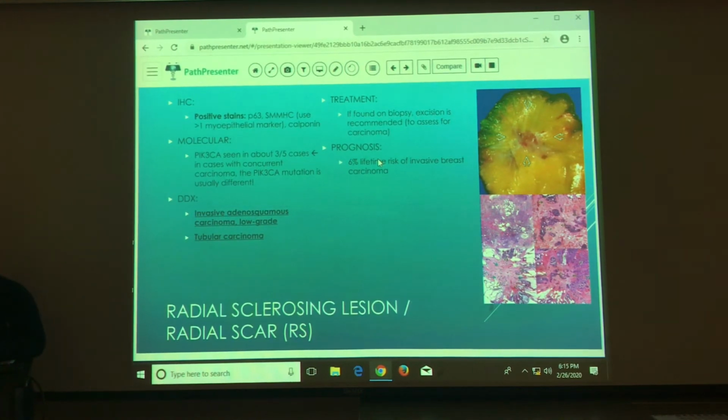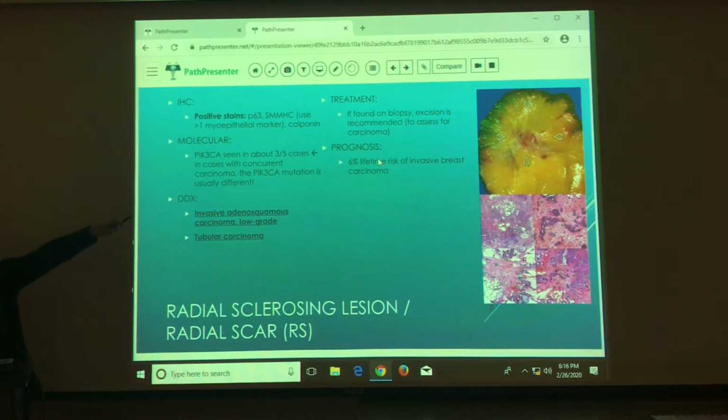Even though we see PIK3CA in, I think, about 62% of cases, when we have concurrent carcinoma in the patient, even if they have a PIK3CA mutation, it's a different variant. So that tells you they're not along the same wavelengths. What else?